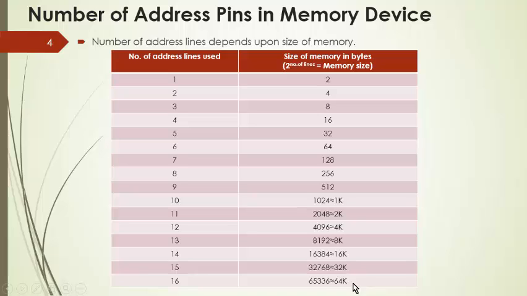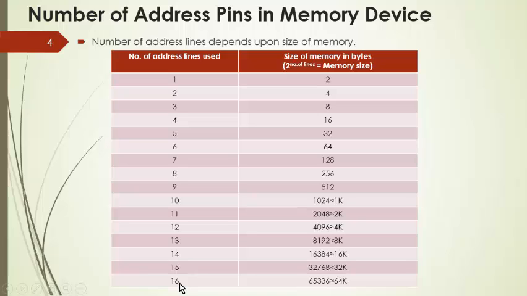As far as the 8085 microprocessor is concerned, the microprocessor provides 16 address lines. So if we assume all the 16 address lines, at that time we can interface 64 kilobytes of memory to the 8085 microprocessor.